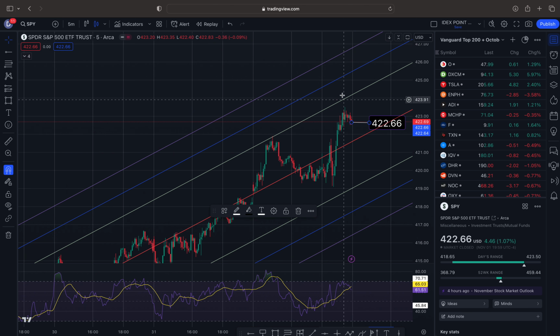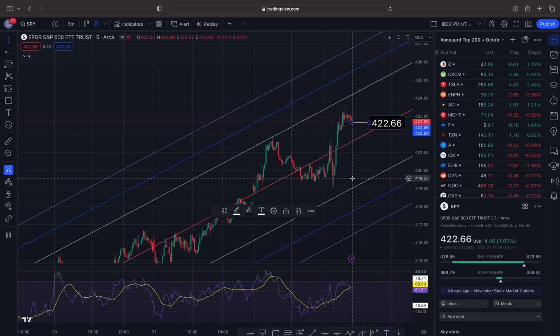To the north side from where we are takes us to 2 standard deviations at 424.17. Above that, at 3 standard deviations and another possible take profit area, 425.48 and 426.76. To the south side, back at the middle of the trend, that takes us to 421.60.